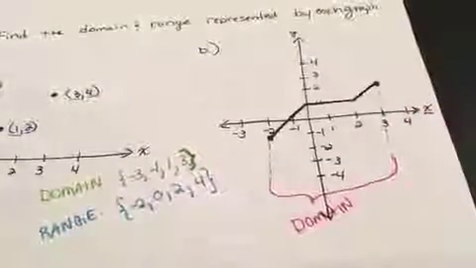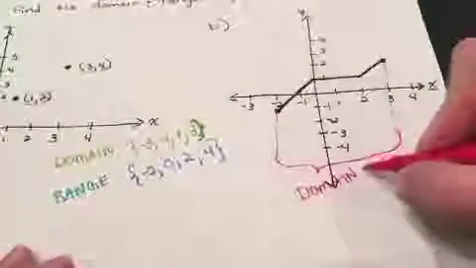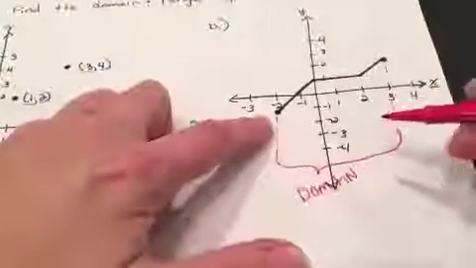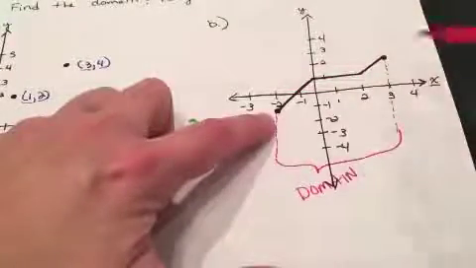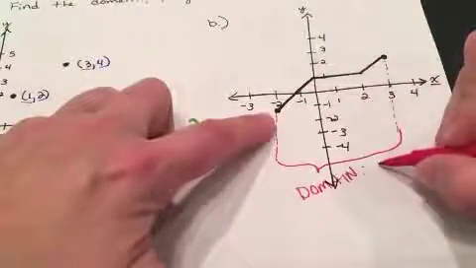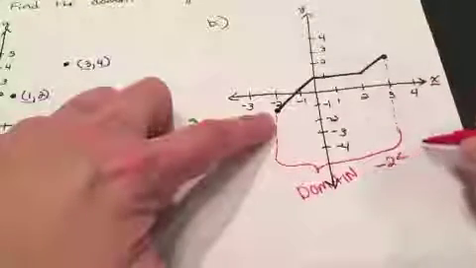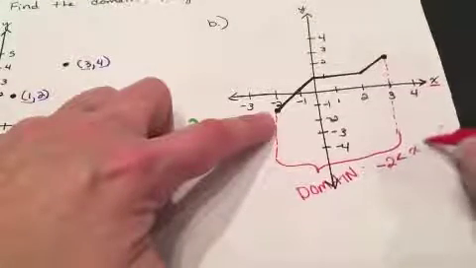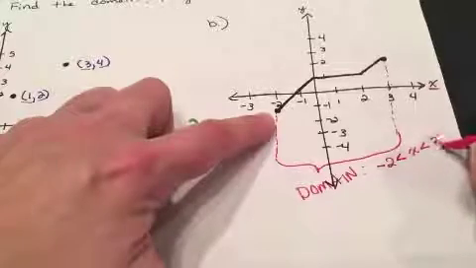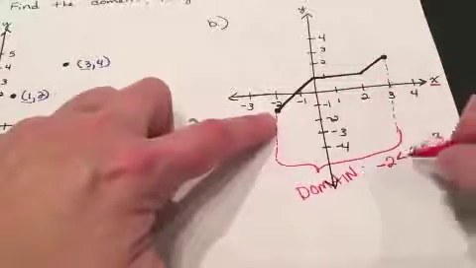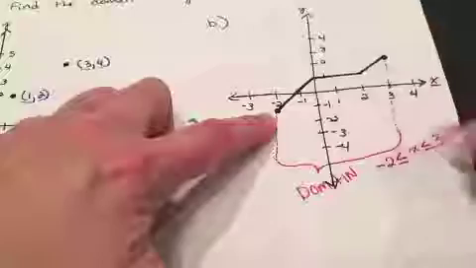So now to write it so we can list it, we would say the domain is any value from -2 to +3. So to write that, we write -2 is less than X, which is less than 3. Since these are solid dots, they're less than or equal to.